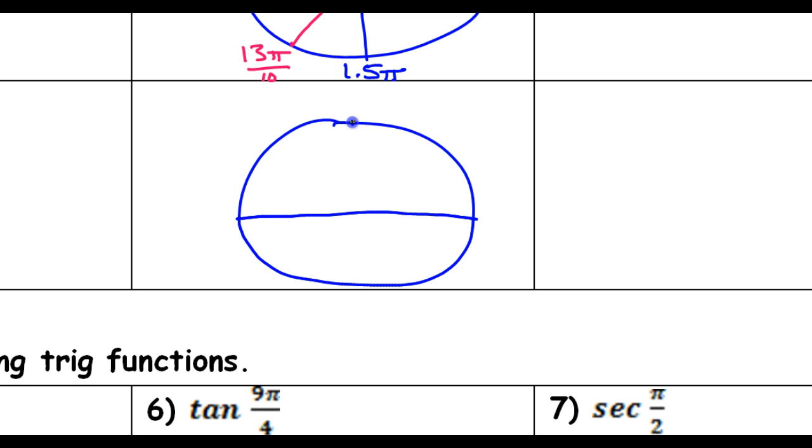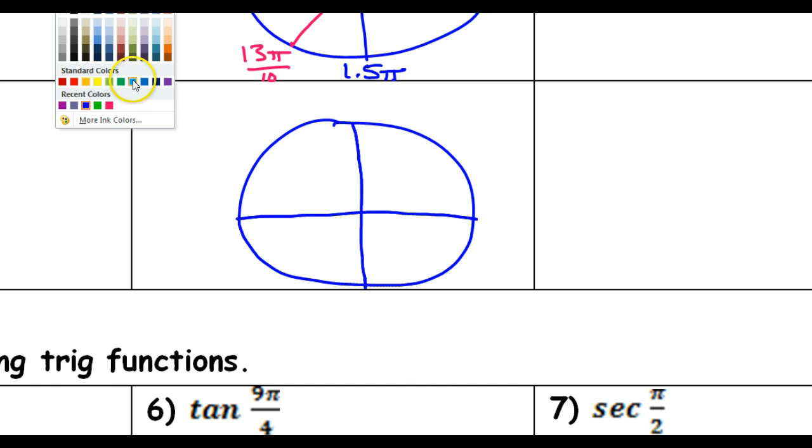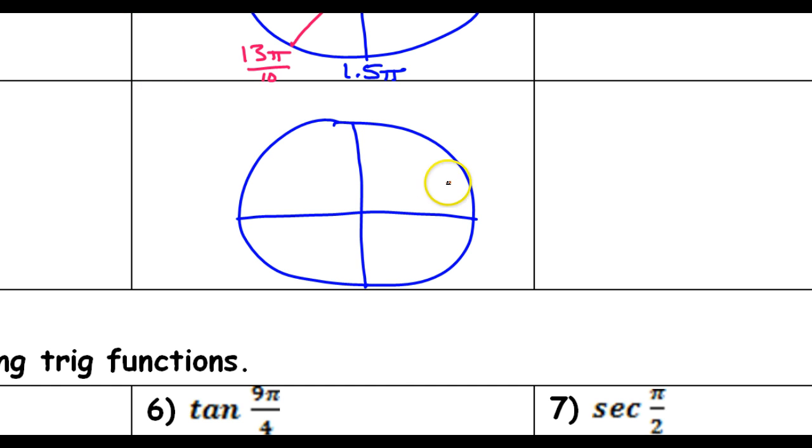If I split that again right down the middle, then this is pi over 2. Alright, each side is pi over 2. Now I need to make this into 6 pieces for pi over 6. So I'm going to take each of these and split them into 3 pieces. So that's a little bit tricky to do, so I'll just be as careful as I can.